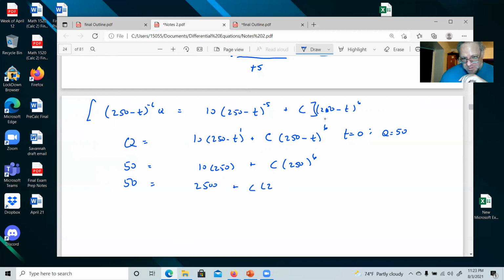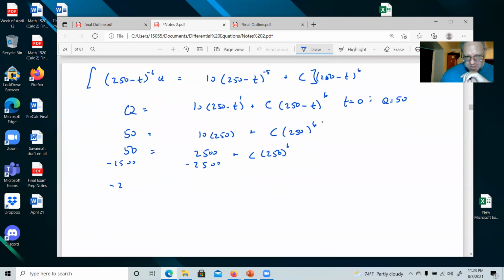I'm not going to expand this, I'm just going to call it 250 raised to the 6th power. Subtract 2500 from both sides. So we end up with negative 2450 is equal to c times 250 raised to the 6th power. So c is equal to negative 2450 over 250 raised to the 6th. So c is a very, very small number, because this is huge.